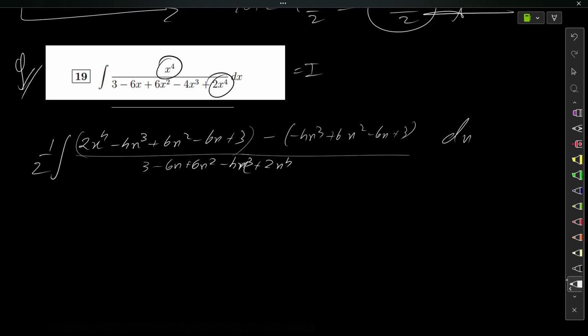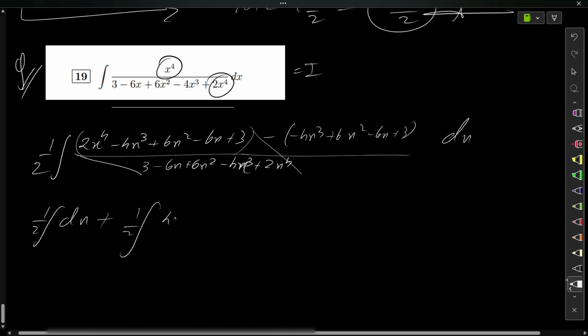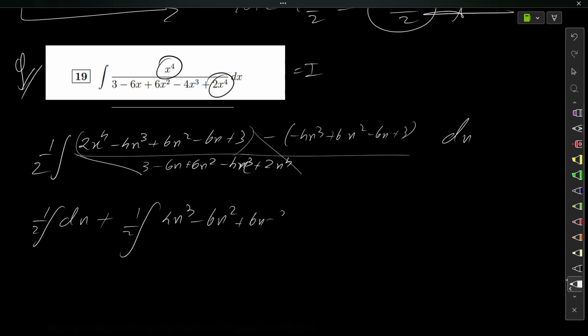So minus 4x cubed plus 2x to the power 4. Alright, so this and this term got cancelled. So we are left with half integral of dx minus half of 4x cubed minus 6x squared plus 6x minus 3 over 3 minus 6x plus 6x squared minus 4x cubed plus 2x to the power of 4, with respect to dx.